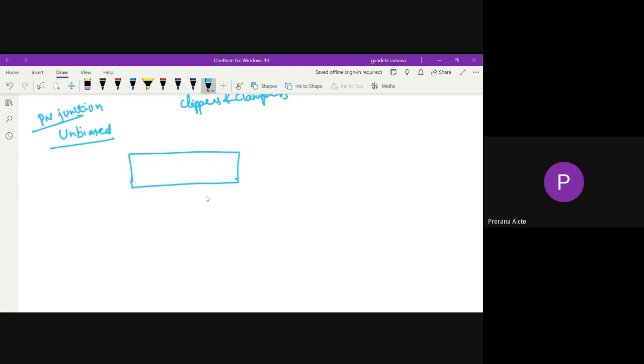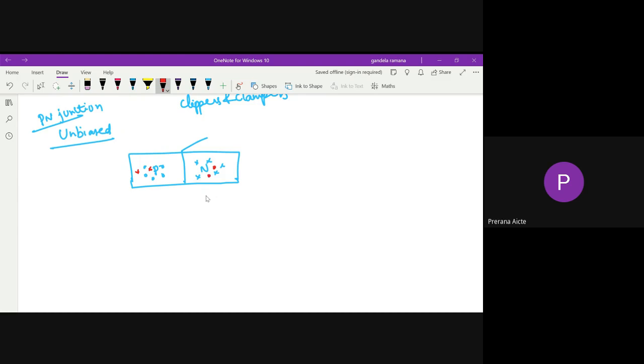So this is the P type, N type, and this is the metallurgical junction. In P type, majority carriers are holes, minority carriers are electrons. In N type, majority carriers are electrons, minority carriers are holes.